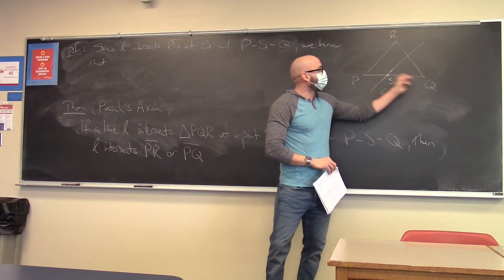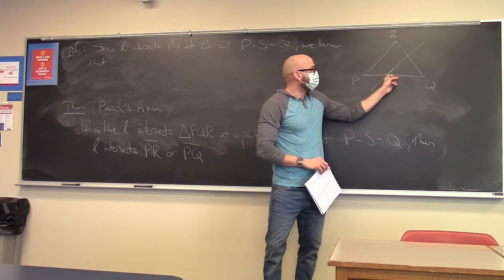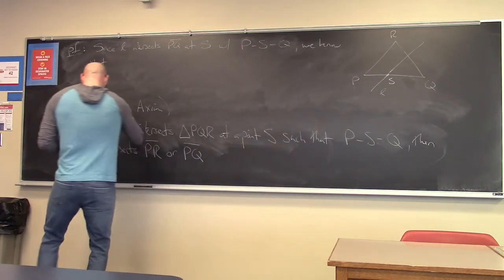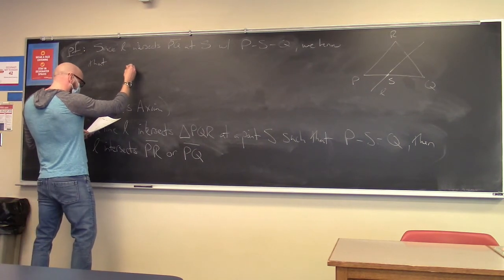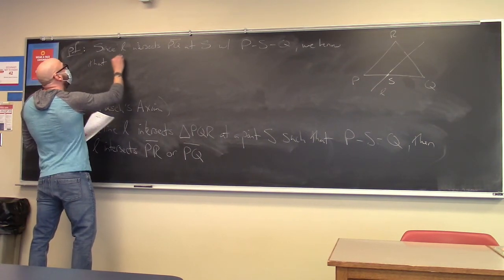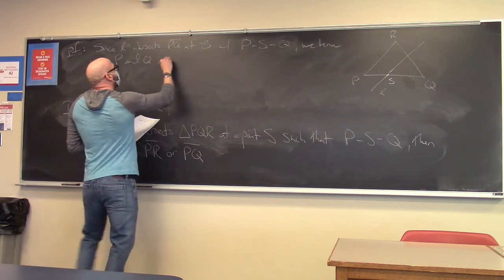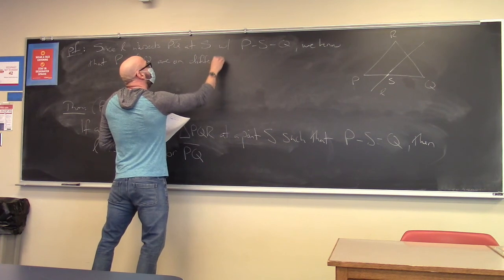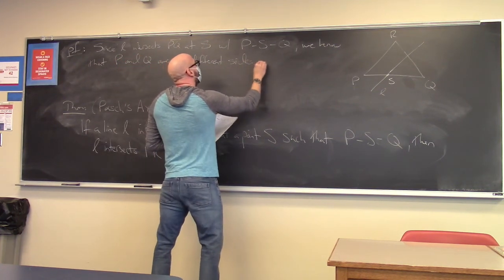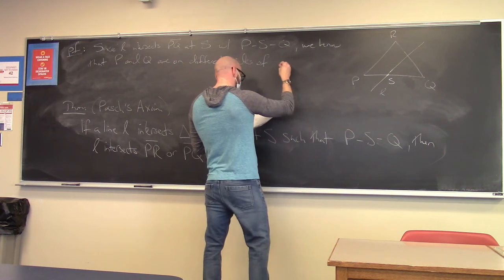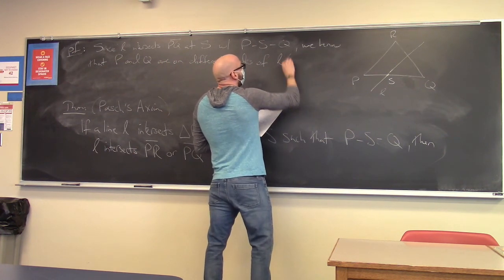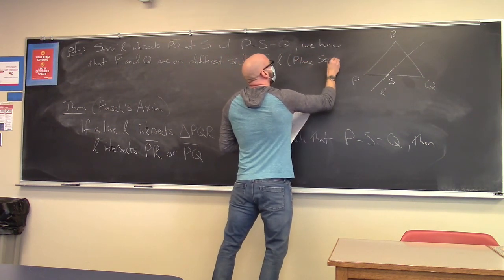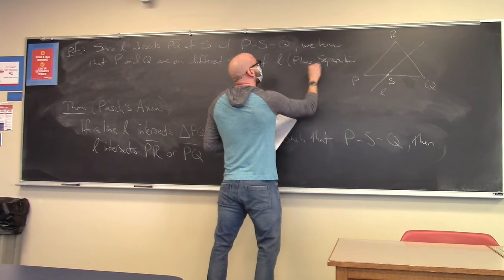If L is cutting through the line PQ at a point between P and Q, then P and Q are on different sides of this line. So there's the plane separation axiom in action. Very obvious, but we know that P and Q are on different sides of L. And I'll make it very precise. This is the plane separation axiom.